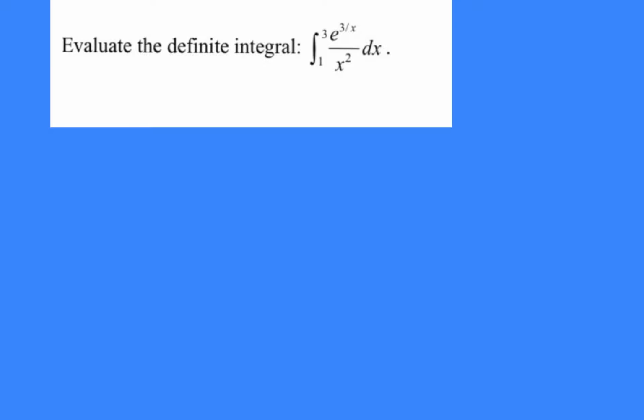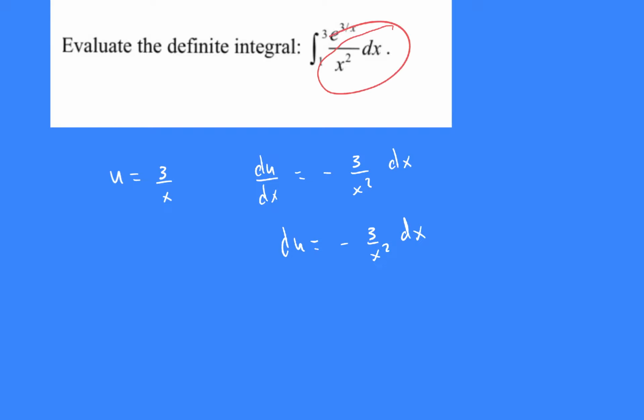If you name u as 3 divided by x, the derivative of u with respect to x will be minus 3 divided by x squared dx. So du is minus 3 over x squared dx. So it's almost here: it's 1 divided by x squared dx.